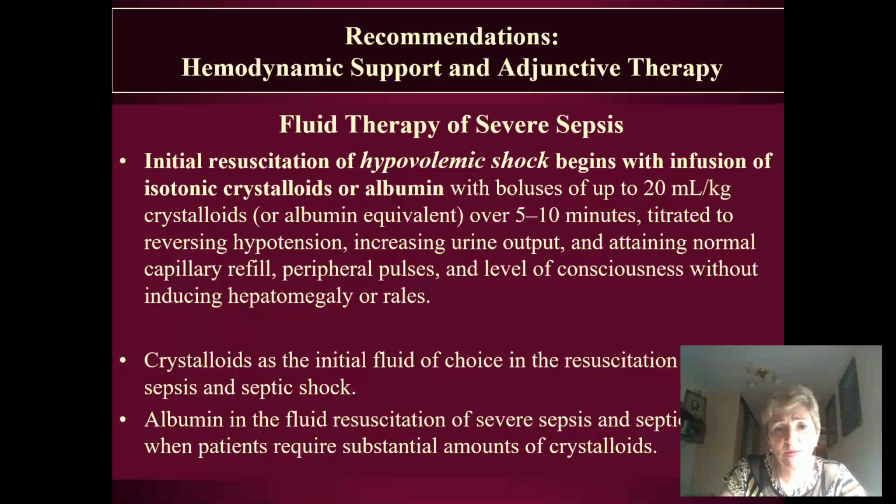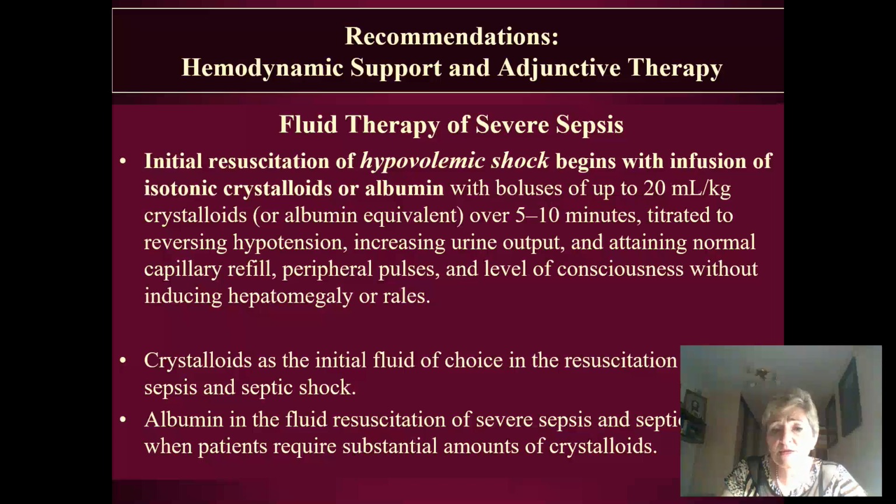In this case, fluid therapy is recommended. Initial resuscitation of hypovolemic shock begins with infusion of isotonic crystalloids or albumin. We can see doses of 20 milliliter per kilogram of crystalloids, and the next doses may be repeated.